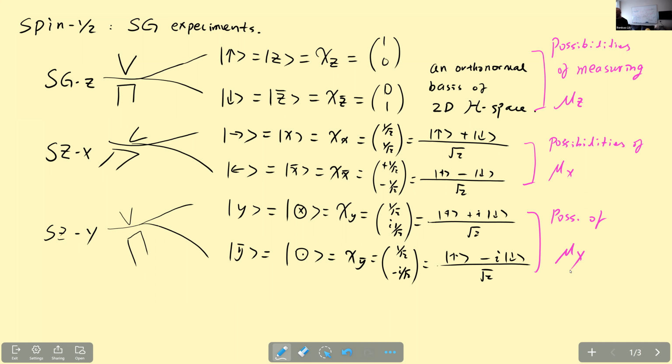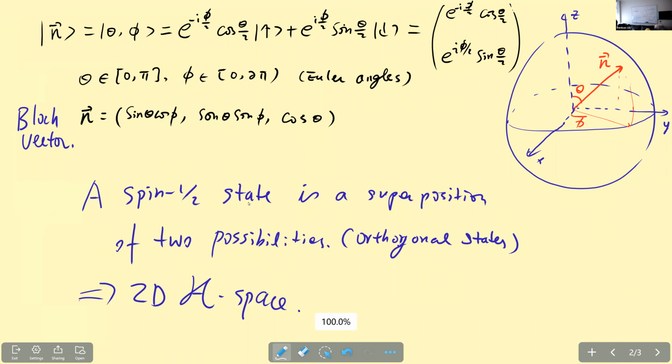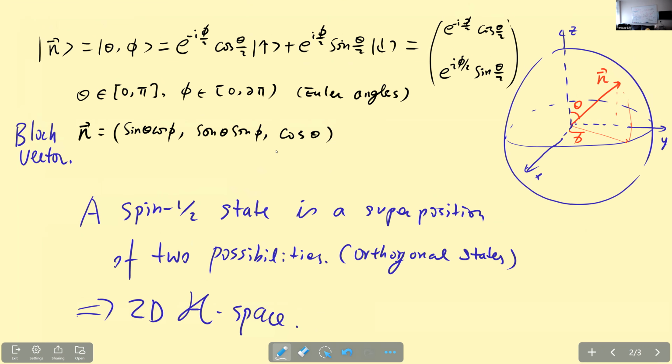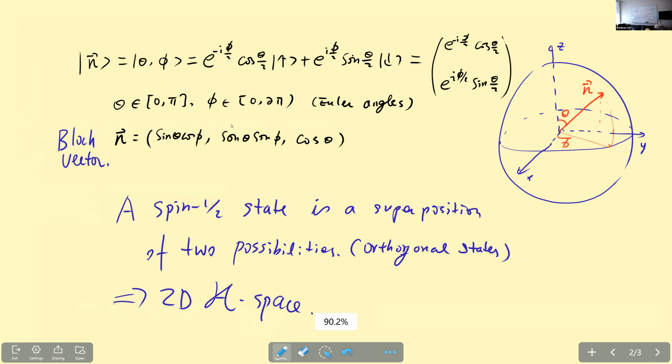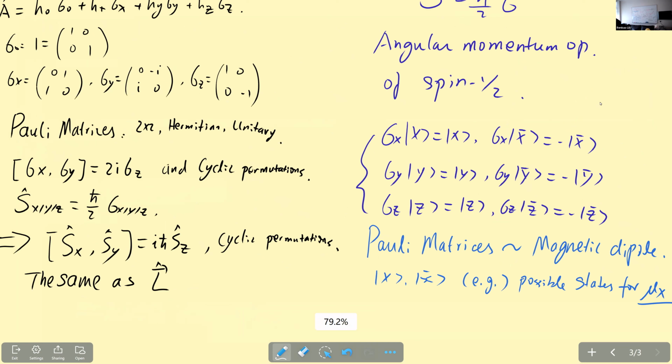But these are also eigenstates of the Pauli matrices.